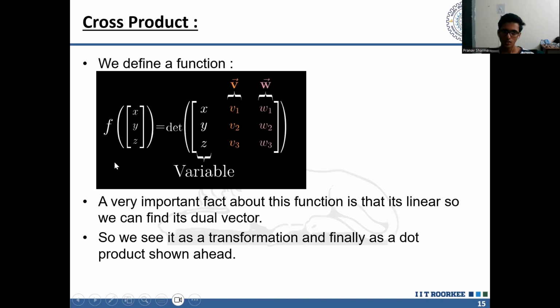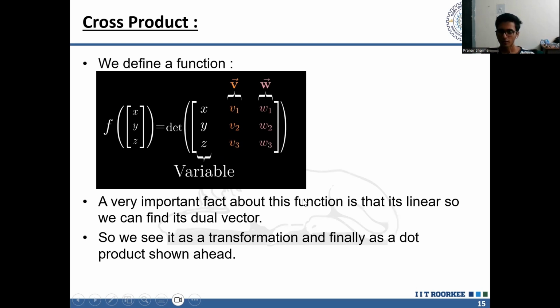So this is the defined function. Means we put in a vector, and the output is the determinant of that vector with two other vectors v and w, of which we want to find the cross product. Okay. So this is a different function, means this is not the cross product function. We have defined a function to get a better understanding.